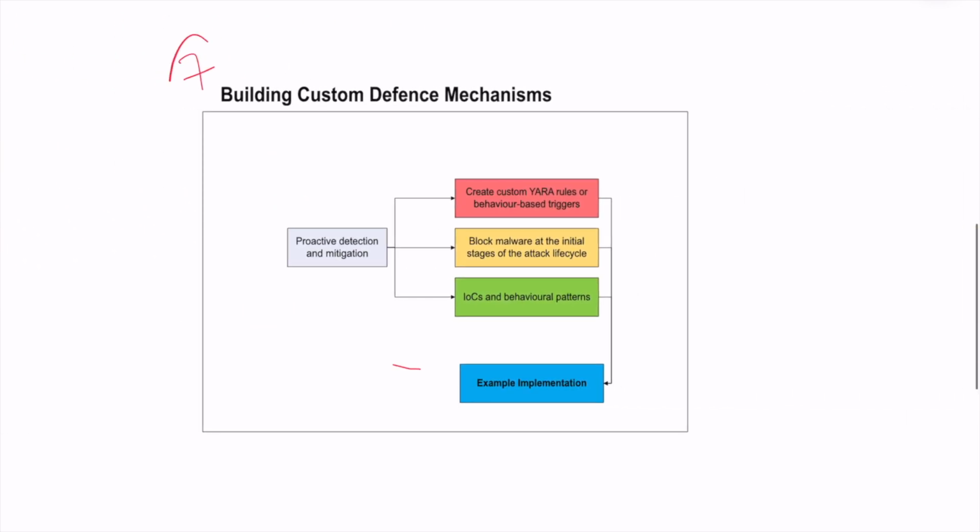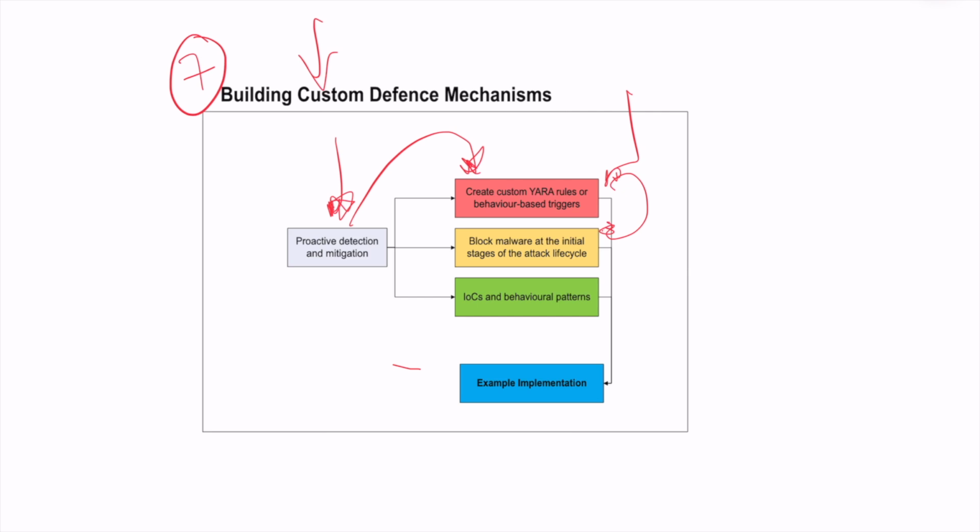Moving on to step number 7, how do you build custom defense mechanisms? The objective would be to create proactive detection and mitigation strategies. And what specific actions could you take? Well, the first would be to use the detection rule builder to create custom YARA rules or behavior-based triggers. Second would be to integrate these rules into the Falcon platform to block malware at the initial stages of the attack lifecycle.